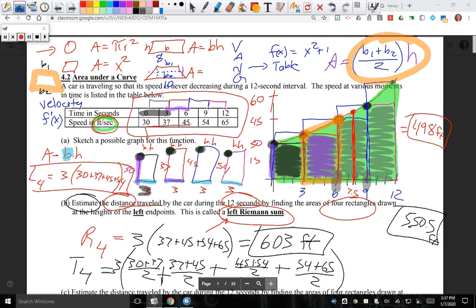The first one would have a width of 6. The second one would have a width of 6. And you tell me, what's the midpoint between 0 and 6? 3. What's the y value at 3? 37. So it'd be 37 times 6 for the first one, because a midpoint looks like that.